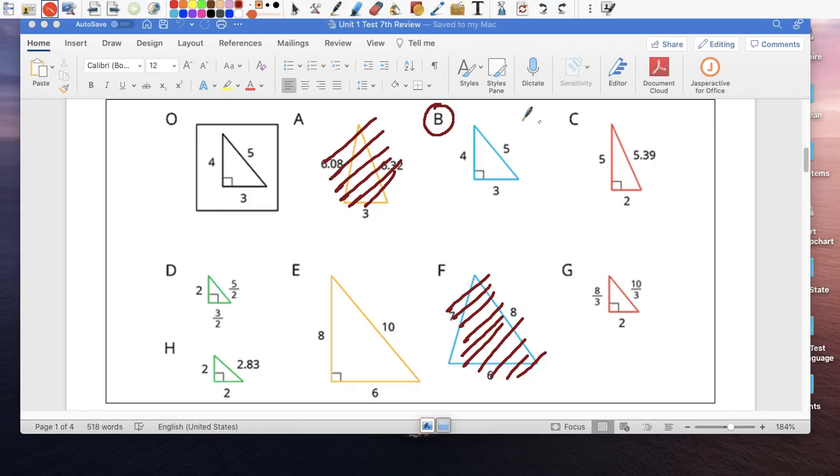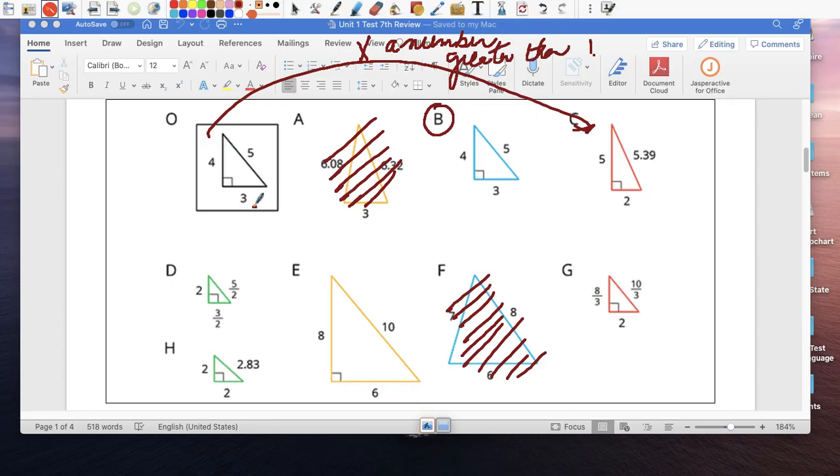Let's look at C. Well, if you notice from 4 to 5, how did the 4 become 5? I have to multiply 4 times a number greater than 1. And I'm just going to leave it at that, greater than 1. And so likewise, 3 should have been multiplied by a number greater than 1. But if you notice, 3 now becomes a 2, which is less.